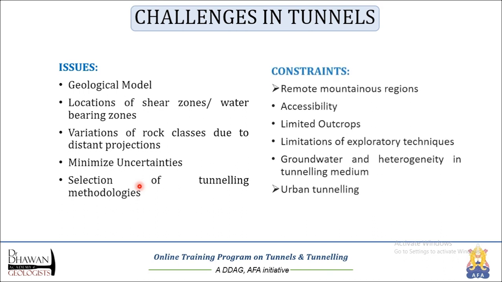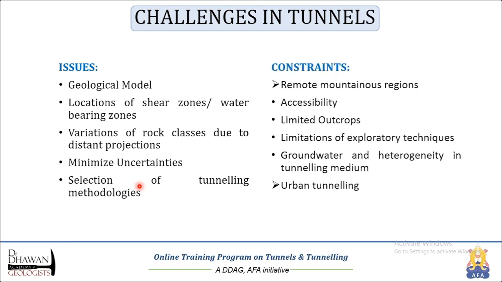What are the constraints which are holding us back in spite of our best efforts? There is remoteness of projects in mountainous regions. There are issues related to accessibility or inaccessibility. Outcrops in the Himalayan region are very limited, so we have to depend upon projections from distances.